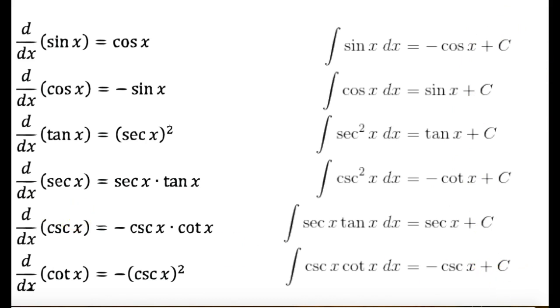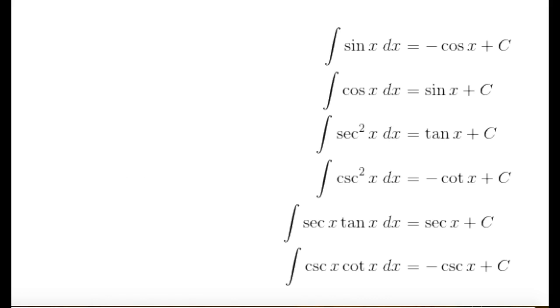All right, so real quick, let's take a look at a couple of examples here. For example, if I give you the integral of 2 secant squared of x, well, we know that the antiderivative of secant squared is tangent.